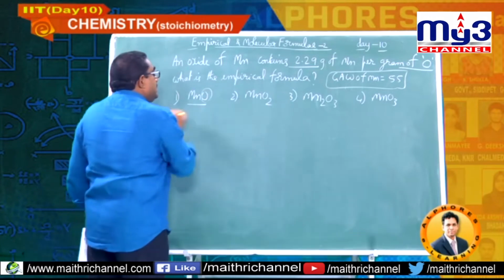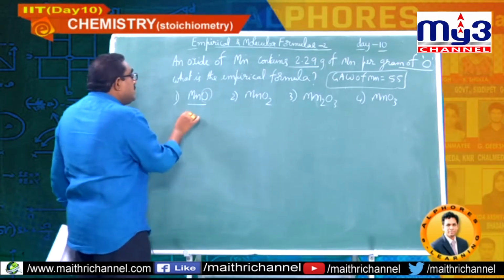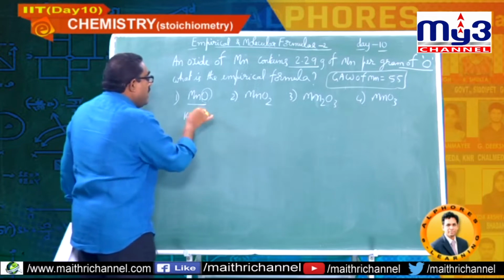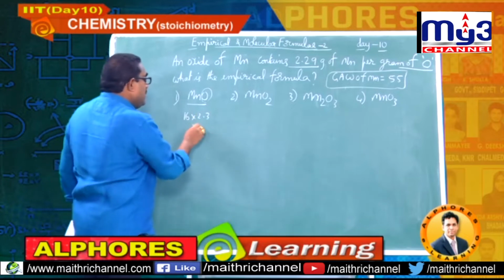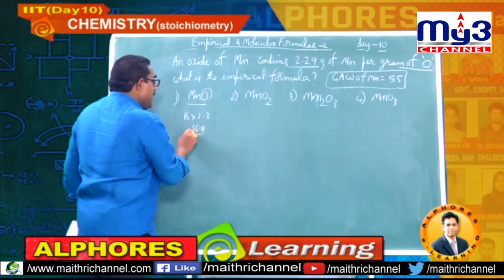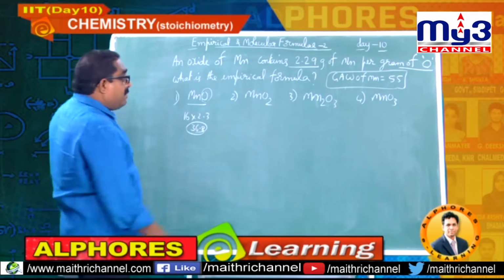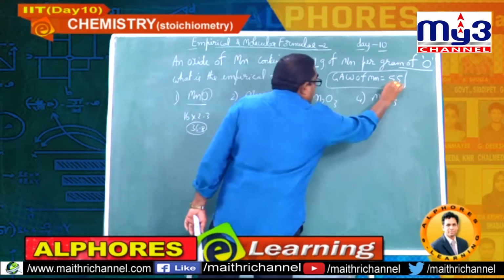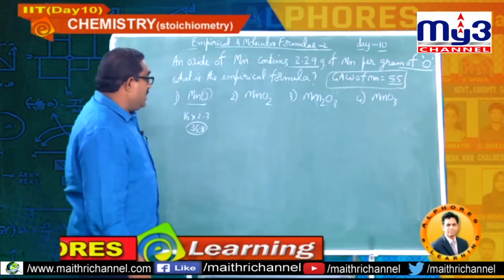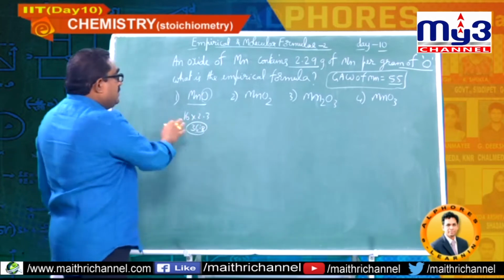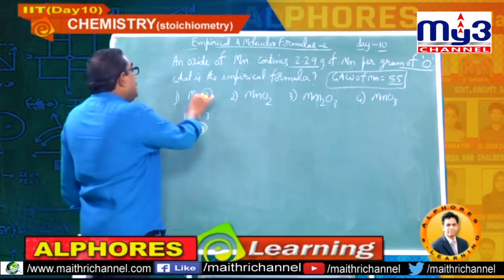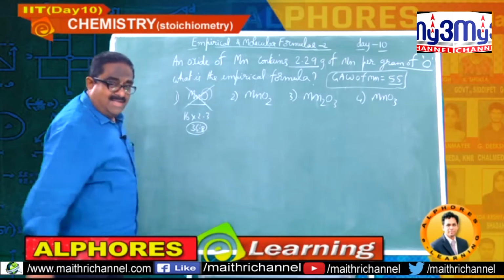Here I am taking 16 grams of oxygen. So 16 into 2.3 is approximately 36.8. But the manganese atomic mass is 55. Here it is not at all possible. You will never get a simple ratio here. So this is not the answer.